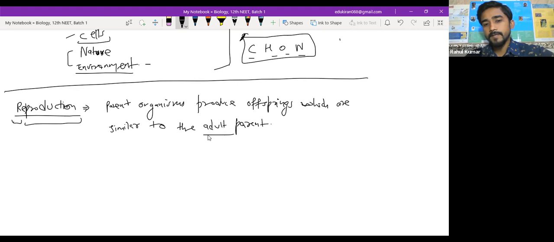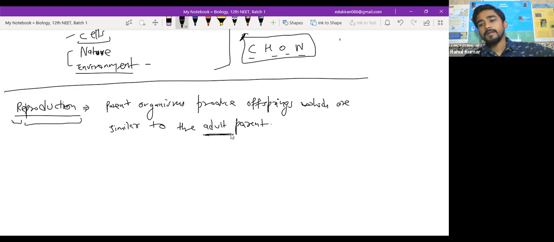Clear? Everyone has written? Yes. Take your time. Reproduction is a biological process by which parent organisms produce offsprings which are similar to their adult form, or to the adult parents. Everyone's noted?